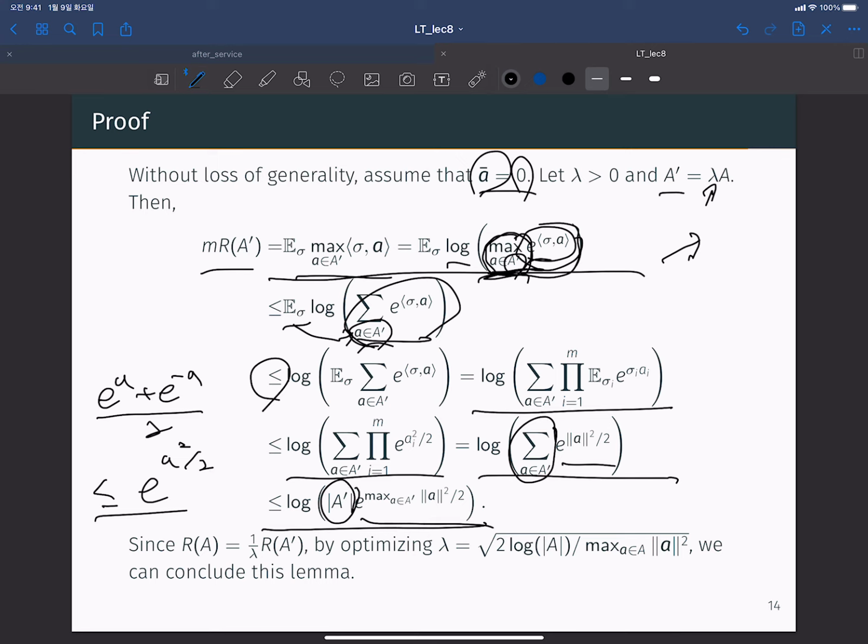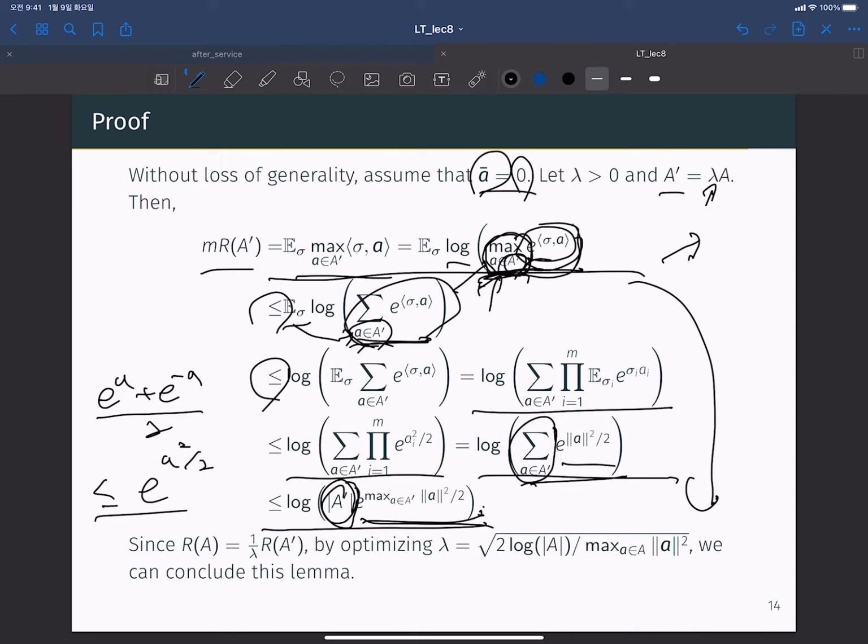Okay, so it looks very loose, because here we upper bound max by summation, and here we upper bound summation by cardinality times max. Using this process, basically we multiply the cardinality of A to this max value.